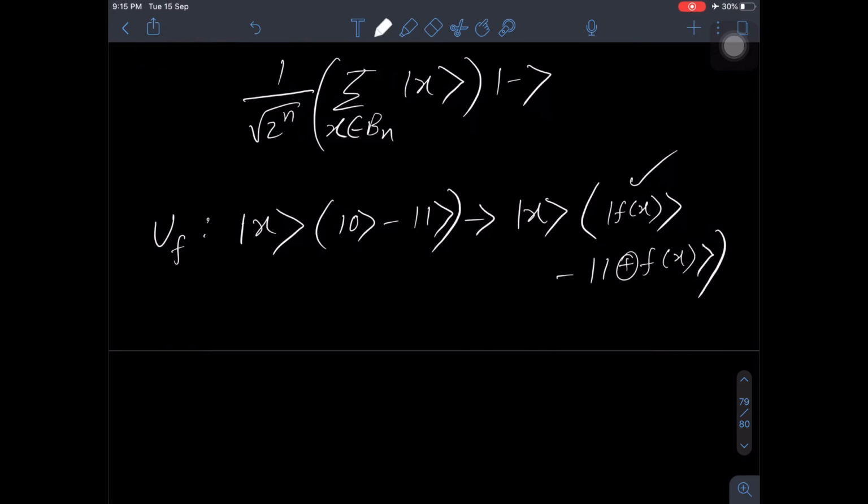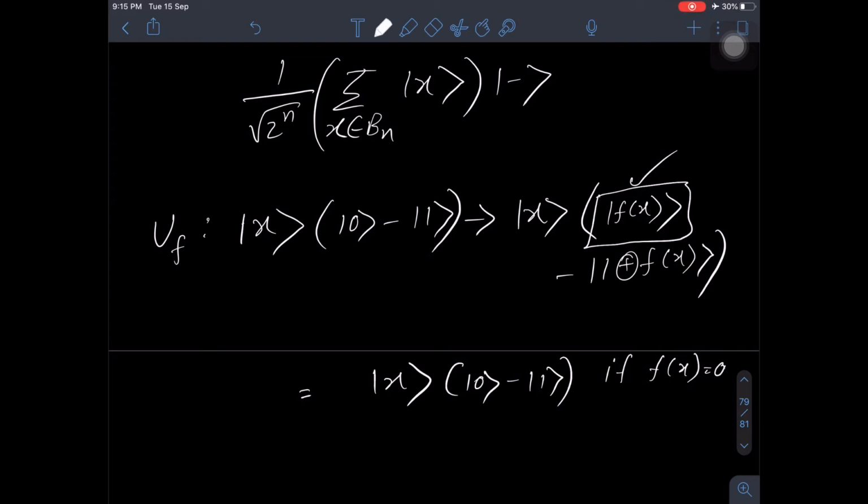You can see that this thing on the right hand side is equal to x will stay as it is, and it will be 0 minus 1 if f of x is equal to 0, right? f of x can be either 0 or 1, but we don't know whether it's constant or balanced. But what we know is that if f of x is equal to 0, then the first term will be 0 and the second term would be 1, because 1 XOR 0 is 1.